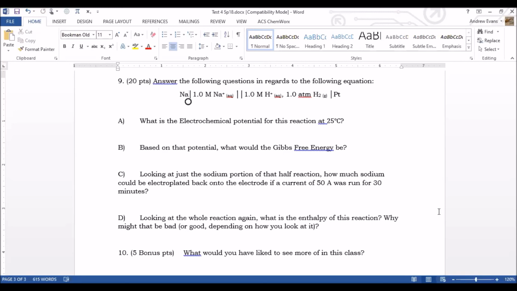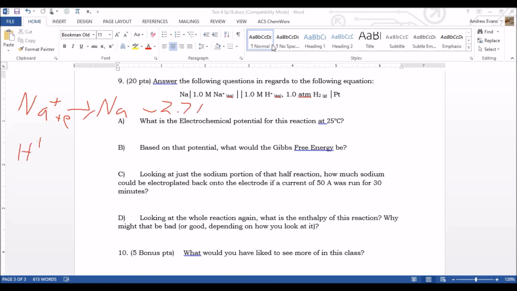That has a cell potential. Let's see. I'm going to find it on the table. Na solid to Na plus. In the book, it says Na plus goes to Na solid is equal to negative 2.71.